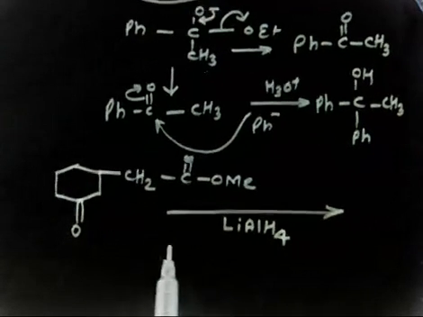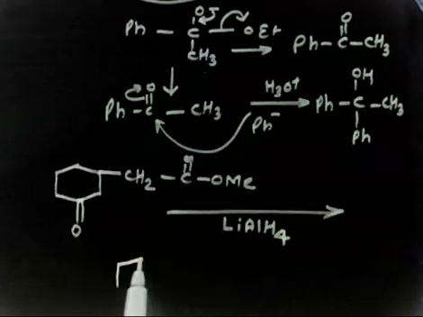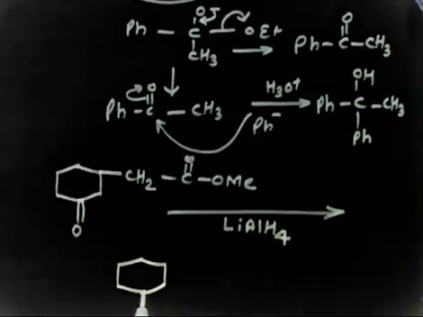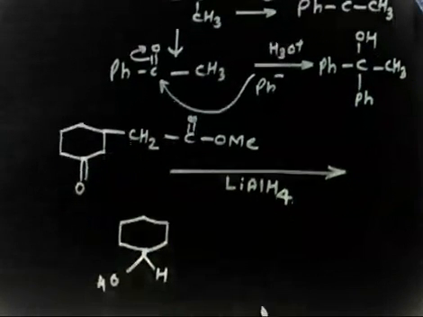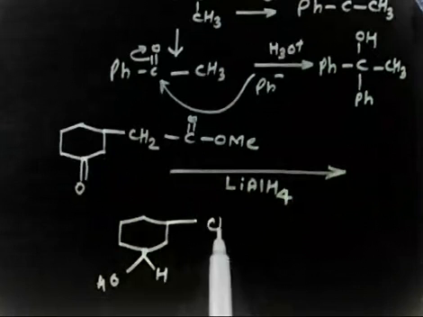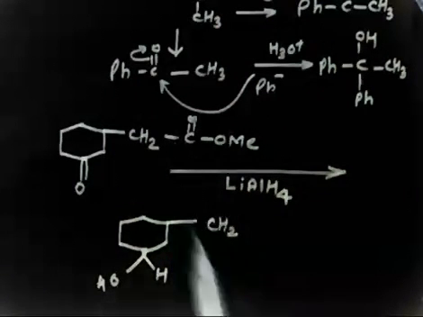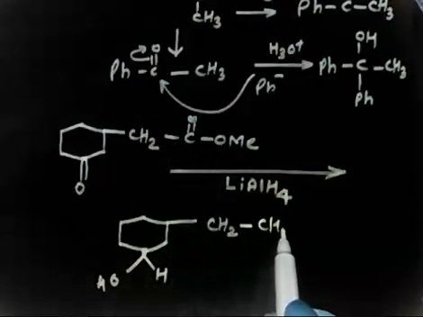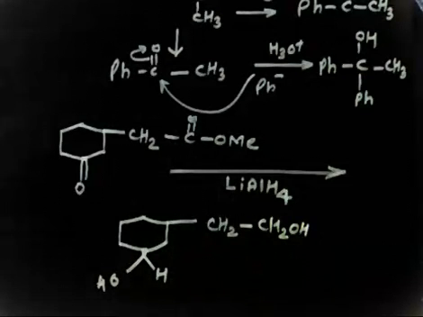So you see, in this case the final product will be, I am writing the final product. You will have one OH here, hydrogen is there, and this side you will have CH2, and this will finally be converted into CH2OH, alcohol. Are you able to understand or not?